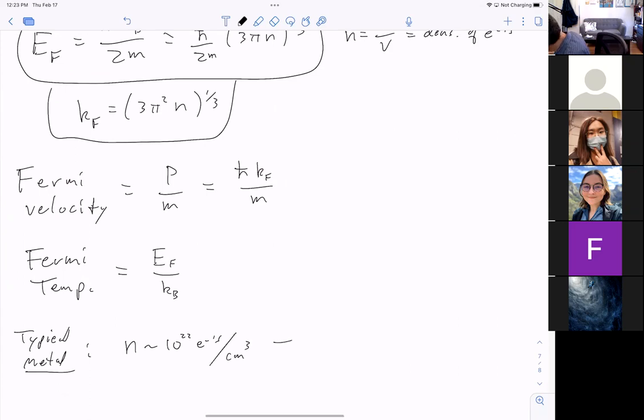And so this leads to a Fermi velocity, and a very typical Fermi energy is on the order of, can somebody tell me? Do you know? Does anybody know? Guess. Just guess. Don't be so shy.